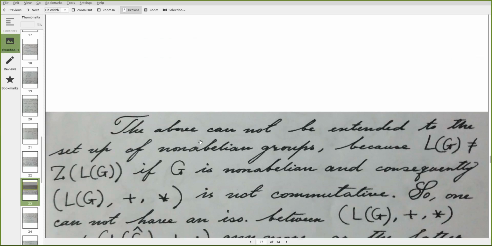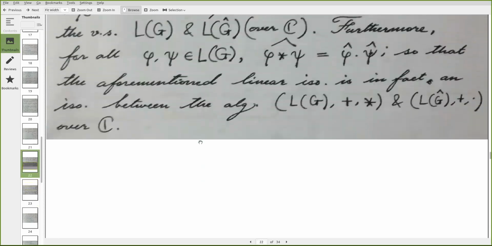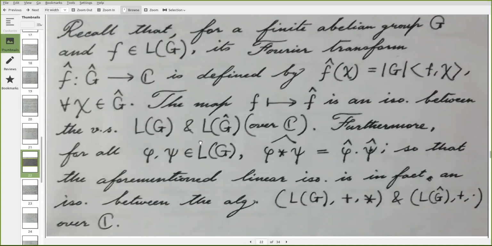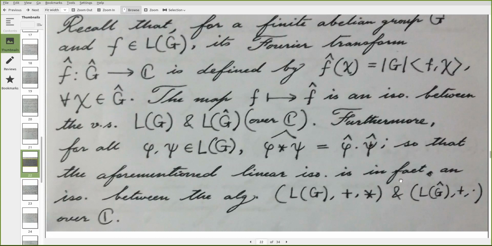As I was saying, for finite abelian groups, the Fourier transformation establishes a bijection between them. And if we wish to extend everything to general finite groups, certainly we cannot do that. When G is non-abelian, these two structures are totally different, because we cannot ever expect to have any kind of isomorphism between them, as one is non-commutative and the other is commutative.